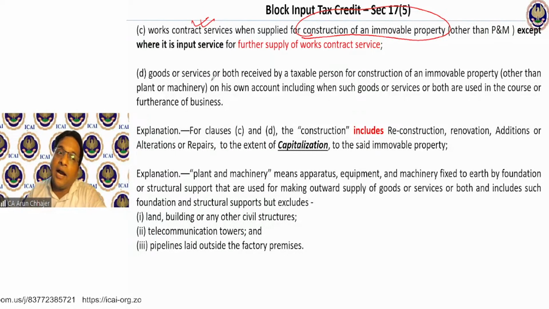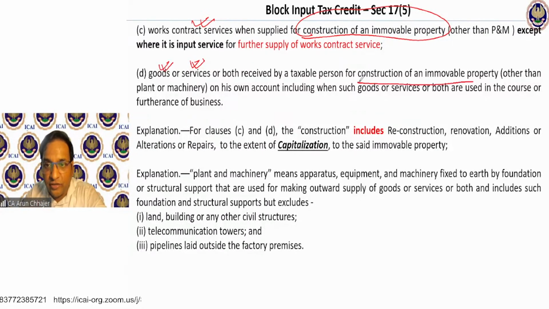Or let's say I like to construct on my own. It means I have purchased whatever goods are required for construction, and I have taken individual labor services, etc. They are doing the construction. In that case, those goods or services related to construction of an immovable property fall under the block category. When would ITC be allowed?